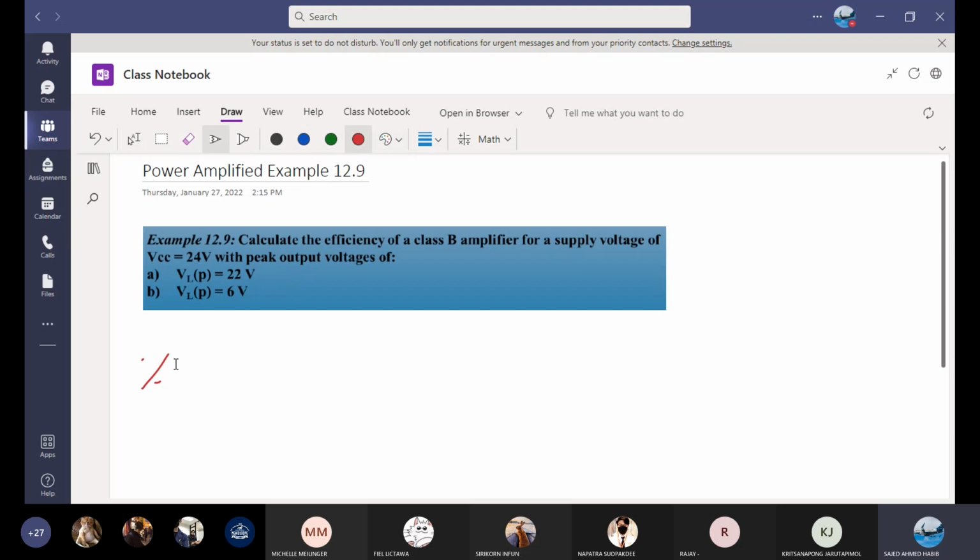Percent equals this. Point 5. I'm not writing the second digit.